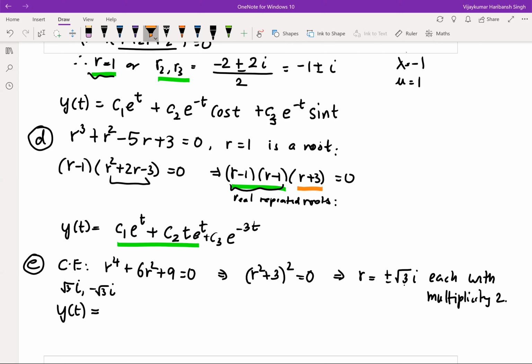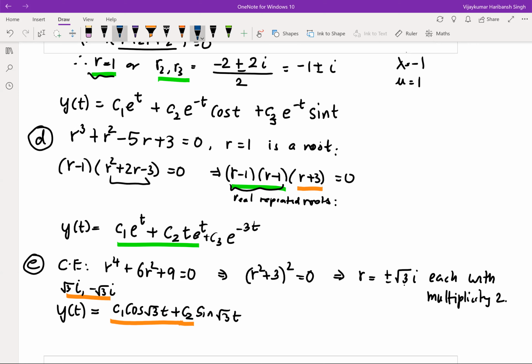So corresponding to these two, we'll have the first part of the solution written out here, which is going to be c1. There's no real part here, so it will be cos of root 3t plus c2 sin of root 3t. So this is because of this being the root.